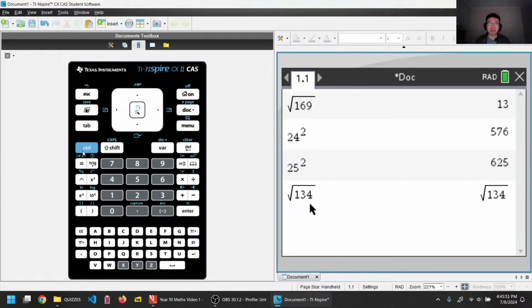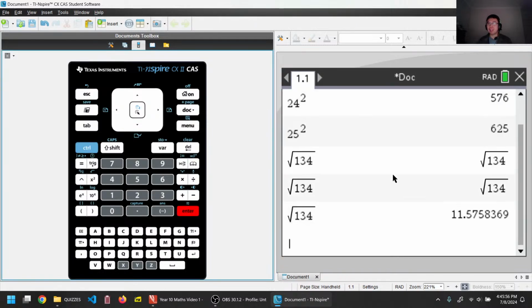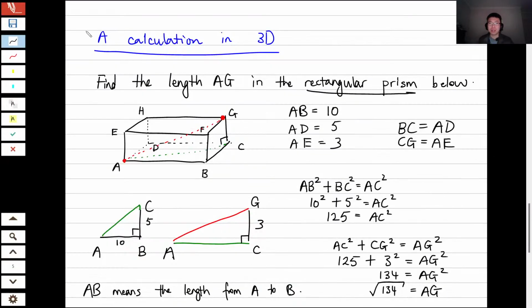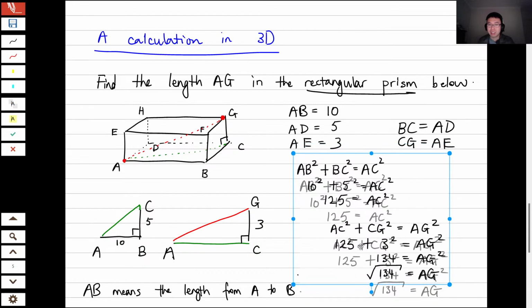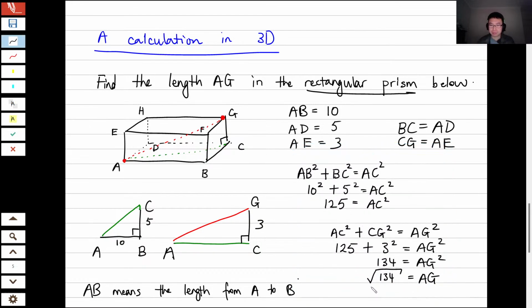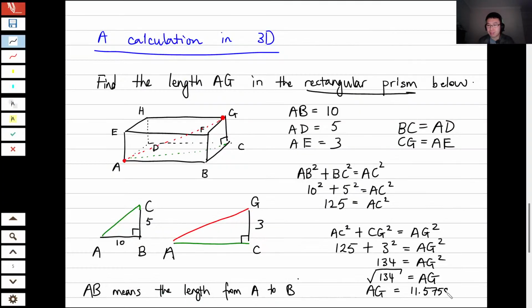So Control is that blue button, so press Control Enter. And there you go. There's our approximation. So with the magic of technology, I'll just move this all up one line. So AG equals 11.5758369, and this number actually goes on forever.